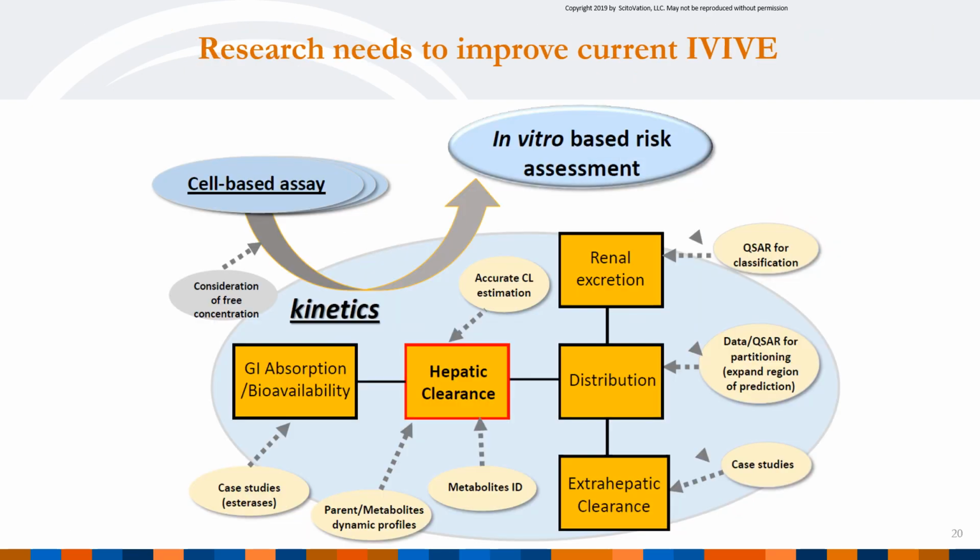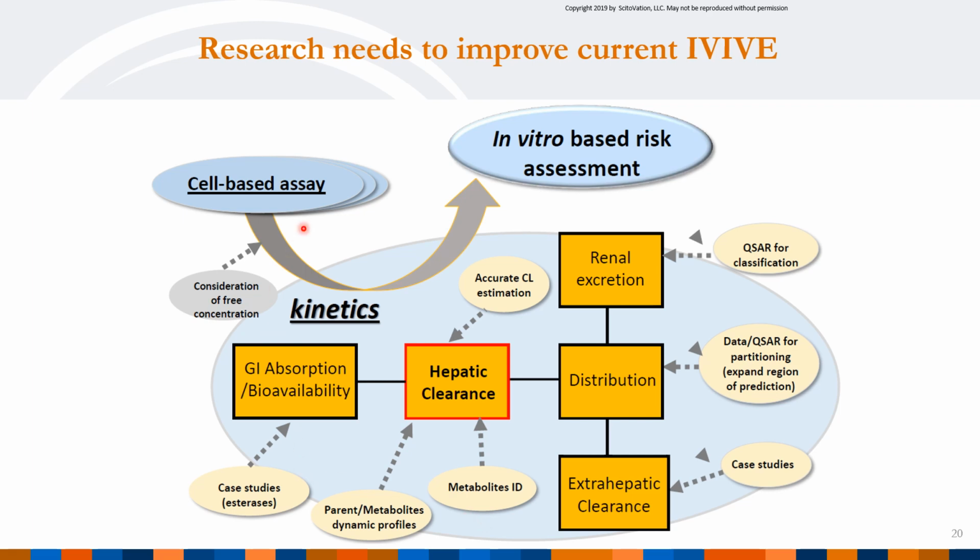IVIVE is really useful, but there's a lot of research right now to improve it. Like I said in a previous slide, we need to consider the free concentration from the cell-based assay, because some chemicals can evaporate or stick to protein or to the constituents of the in vitro assay. We also need to consider, especially when you use a simple pharmacokinetic model, that sometimes the parent is not the toxic entity, but the metabolite.